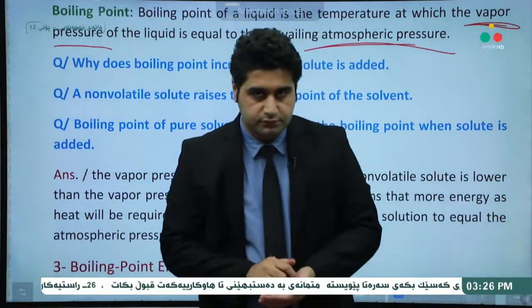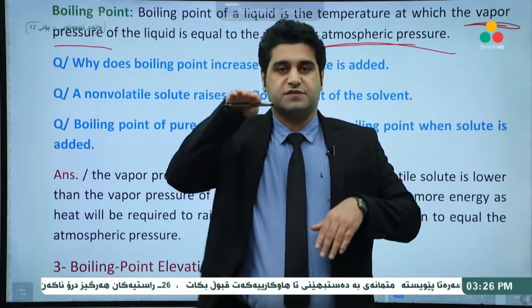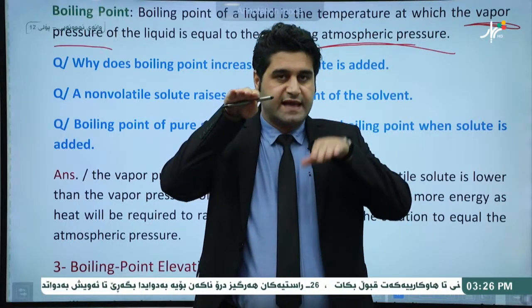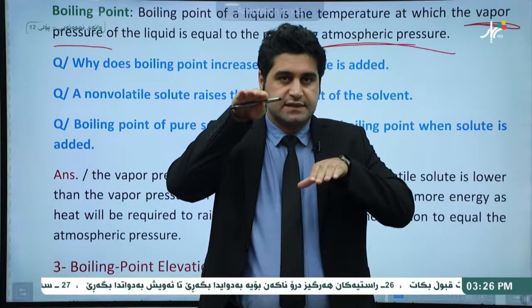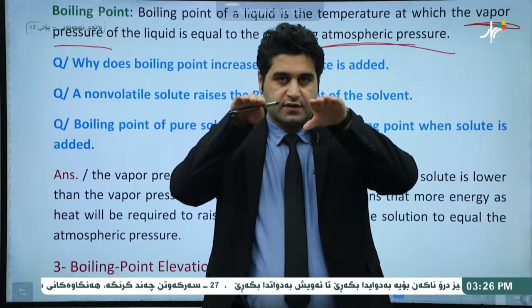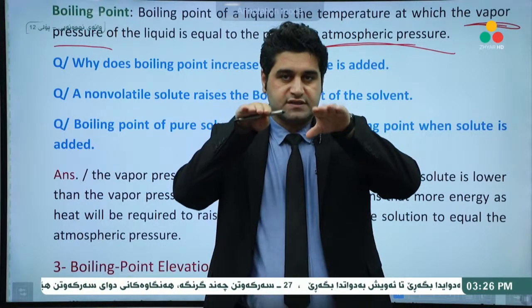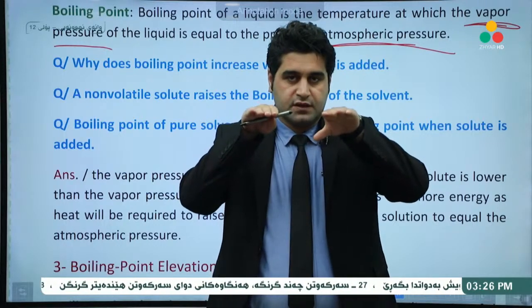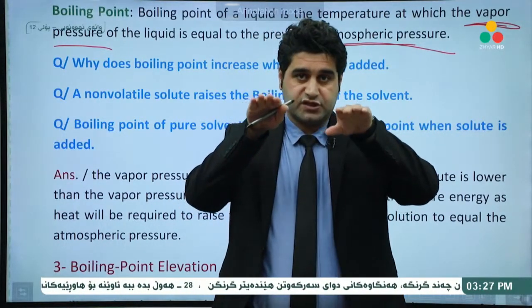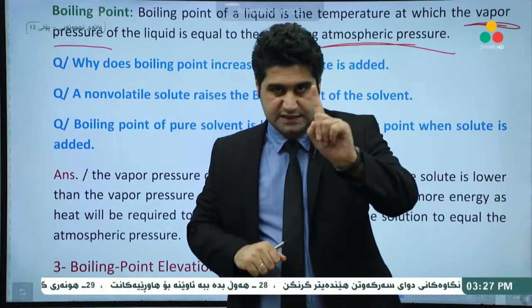Look, this is atmospheric pressure and this is vapor pressure. So we will heat the solution until the vapor pressure becomes equal to the atmospheric pressure. Then at that point, the solution starts to boil. So the equilibrium between vapor pressure and atmospheric pressure is the boiling point.